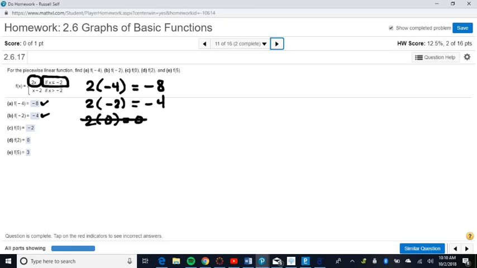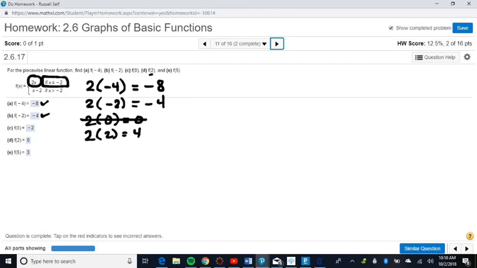If our function gives us a value that isn't allowed, then we have to throw it out. So let's continue with that particular function. Our next thing is positive 2, so 2 times 2 is 4.